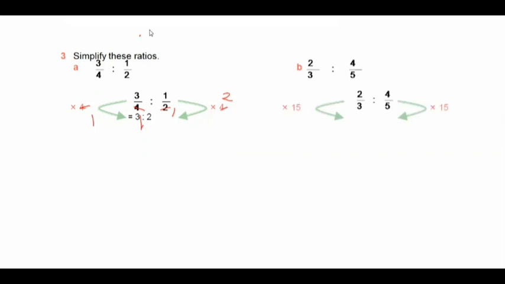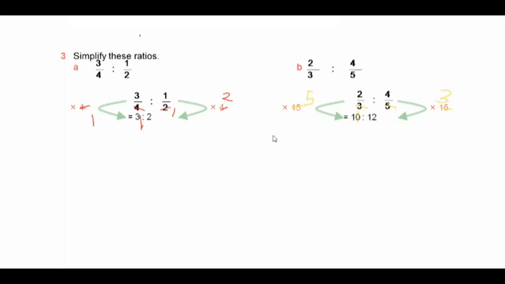Now when we multiply, we simplify by dividing numerator by denominator. 3 ones are 3, 3 5s are 15, 5 ones are 5, 5 3s are 15. So finally, we get 5 into 2, which is 10, and 4 into 3, which is 12. Now 10 is to 12 is yet not in the simplified form.